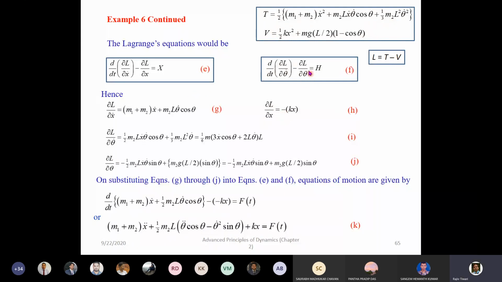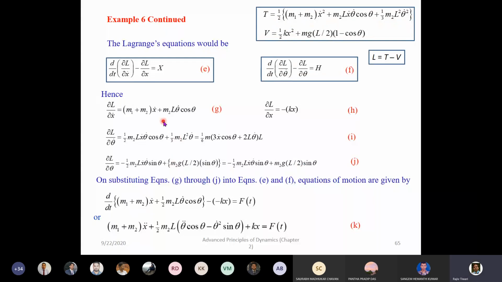Similarly, del L by del theta will give us the differentiation. Here this will not contribute, this will contribute because we have theta here. This will not contribute, this will also contribute because theta is there. So those two terms will give us this.